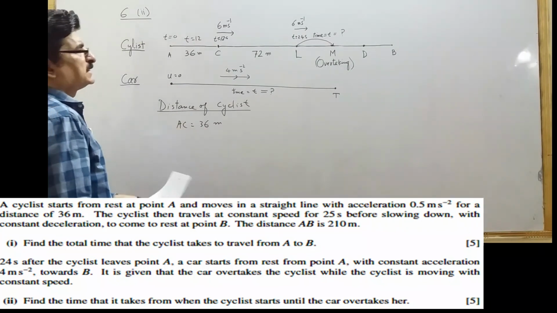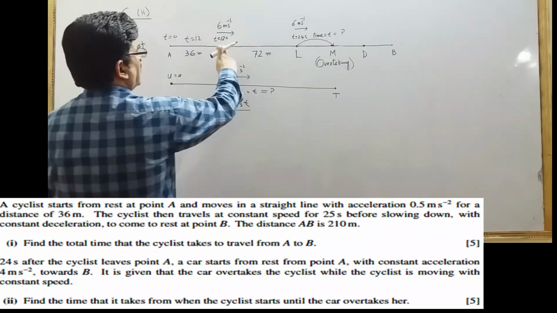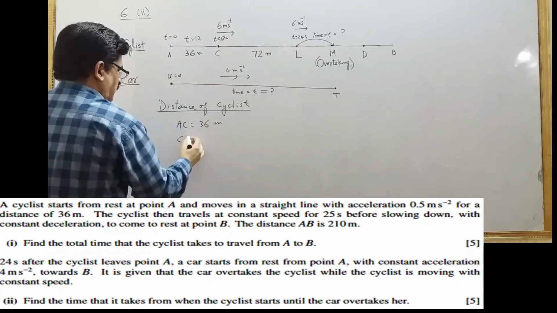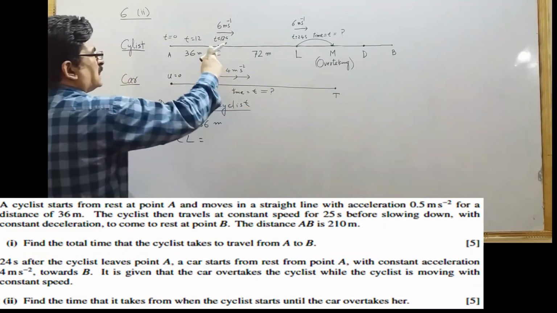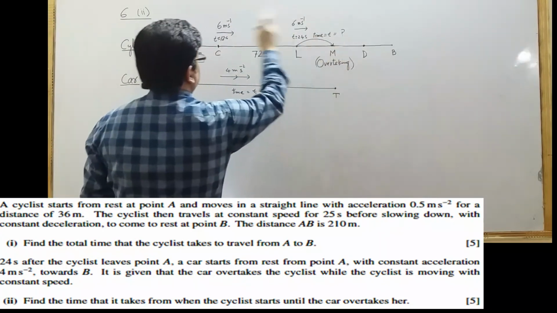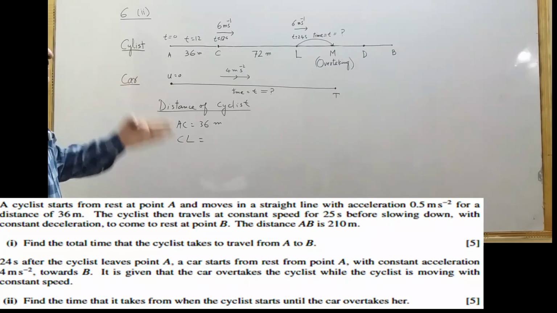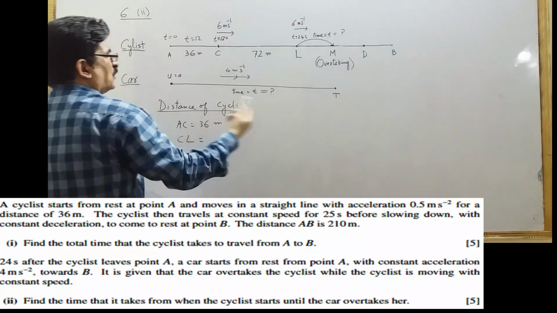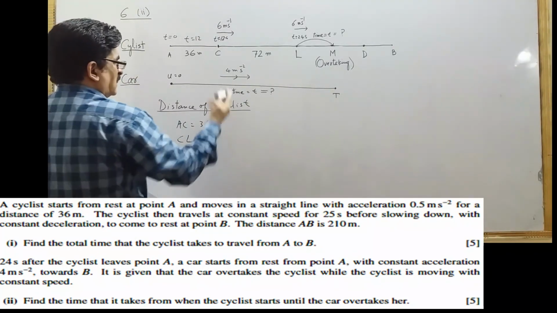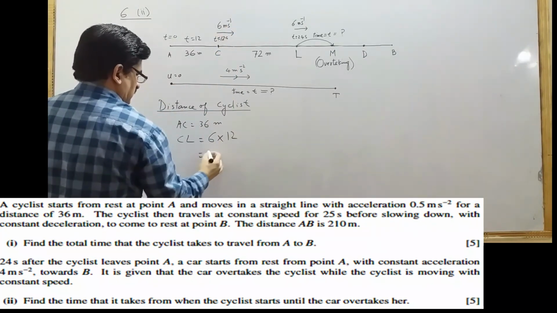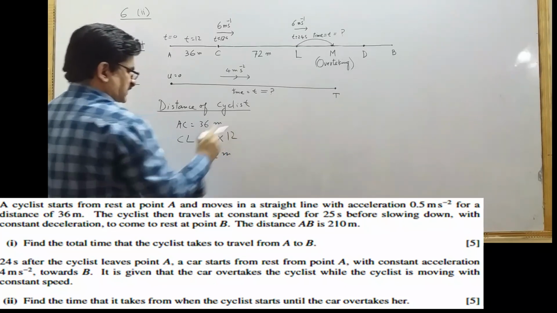In 12 seconds, suppose the cyclist moves from C to L. How will you find the CL distance? This is the second stage of motion from C to D for the cyclist, during which the velocity remains constant, no acceleration or zero acceleration. Velocity is 6, time is 12 seconds, so the distance will be 72 meters.